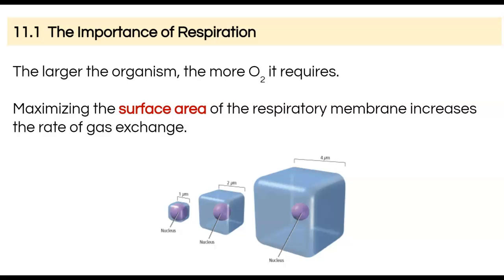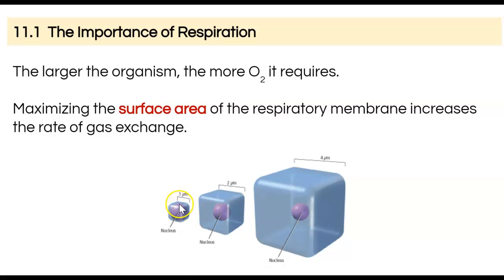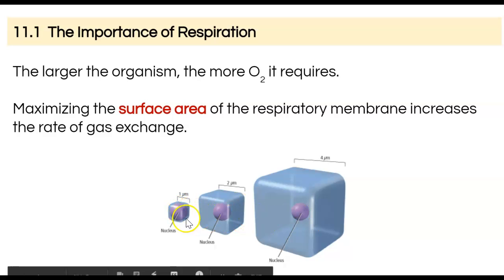But just to help you, if that's a little bit confusing, I thought, well, let's create a visual. And I didn't create the visual, I just inserted it. But we're going to say here that in all three of these cells, and these are the cells I'm going to compare, these nuclei are the same size, but what is different is the rest of the cell, right? So the nucleus remains the same size, but the cell, as it grows, gets bigger and bigger and bigger.